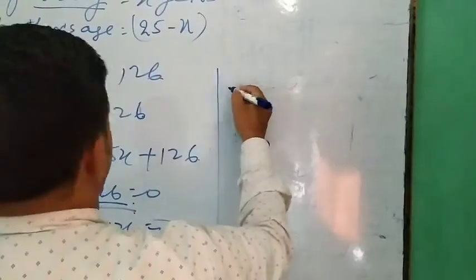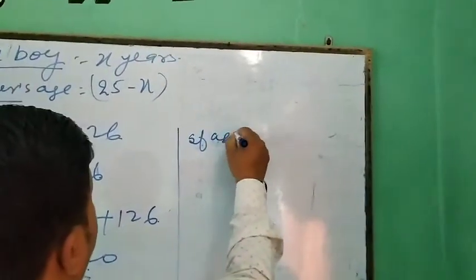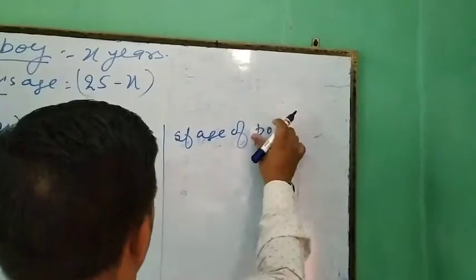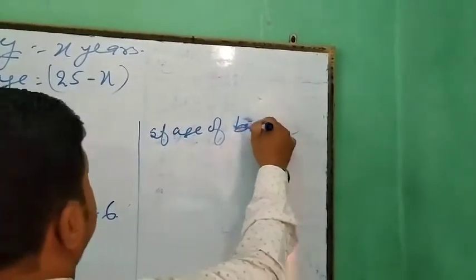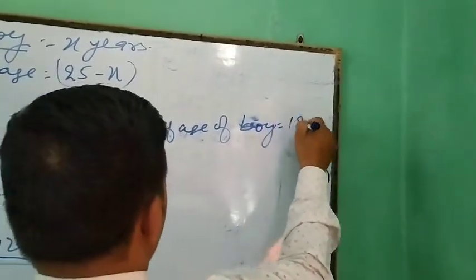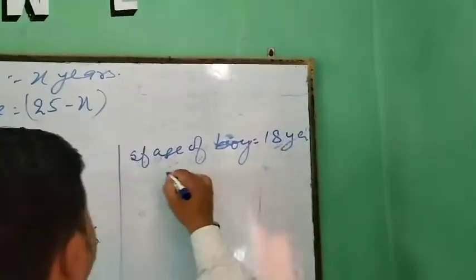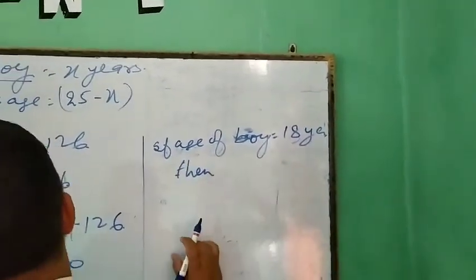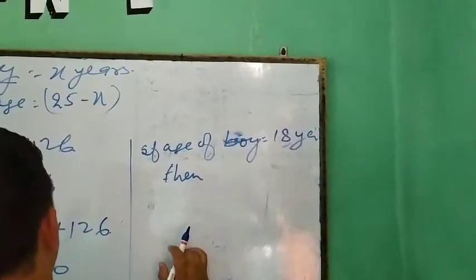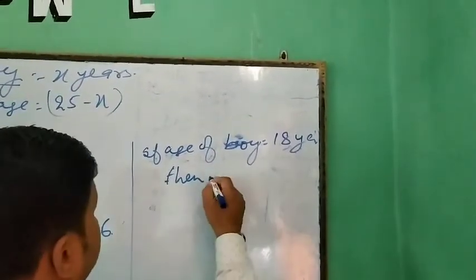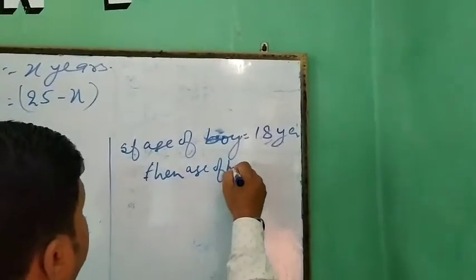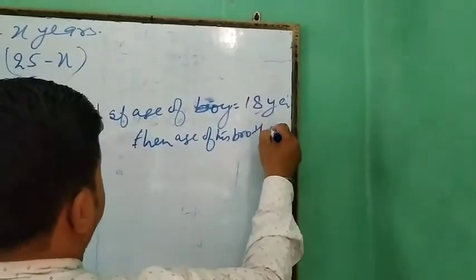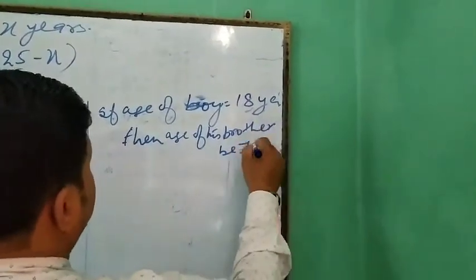So if the age of the boy equal to 18 years, then the age of his brother will be 7 years.